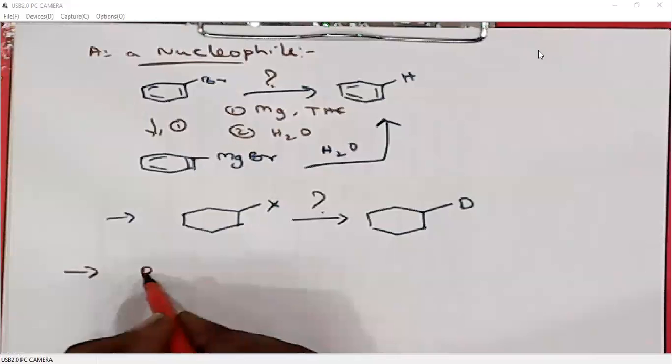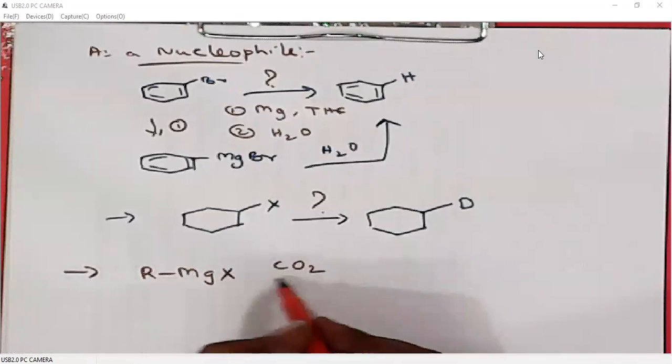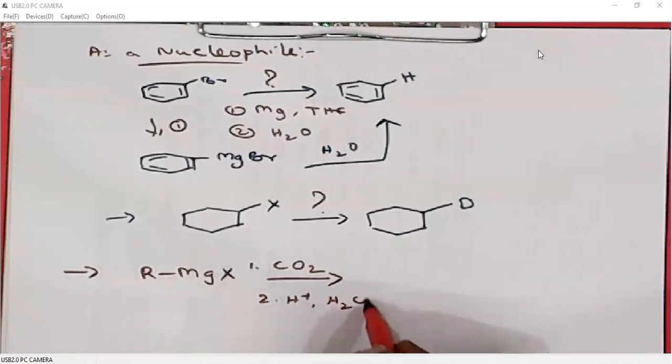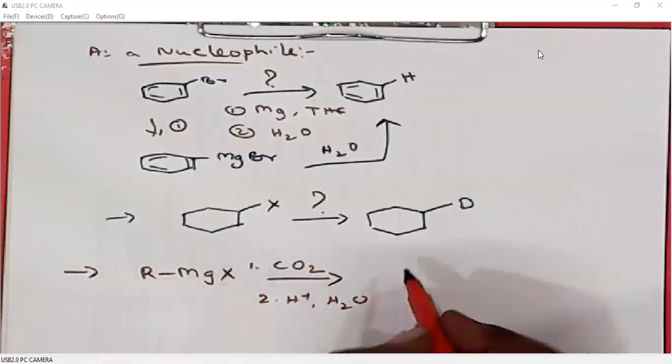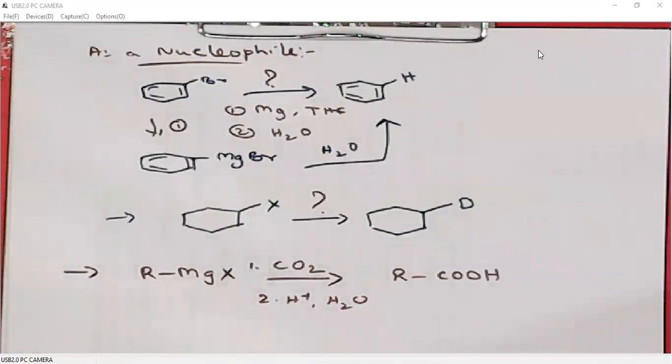Now, when we treat Grignard reagents with carbon dioxide, Grignard reagent acts as a nucleophile and it will attack carbon dioxide to generate carboxylic acid. How do we do this conversion?